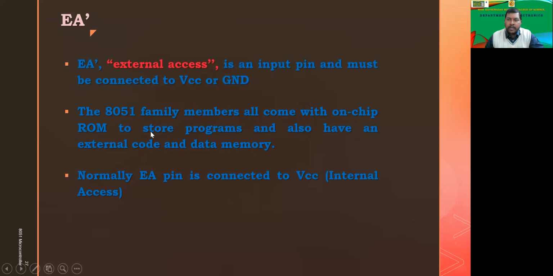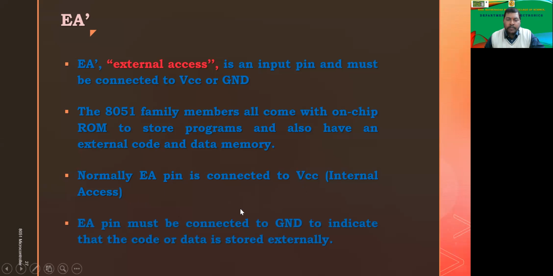If it is kept high, or if it is kept open, then the chip considers it as high, and it will consider that we are not accessing the outside memory, right? To access the outside memory, we have to give this EA as low. Normally the EA pin is kept connected to plus VCC for internal access.